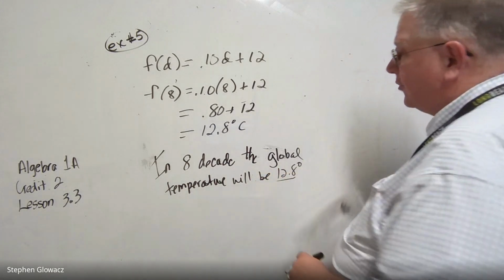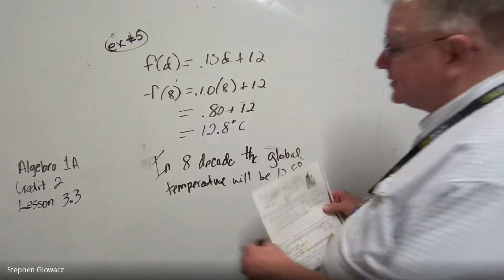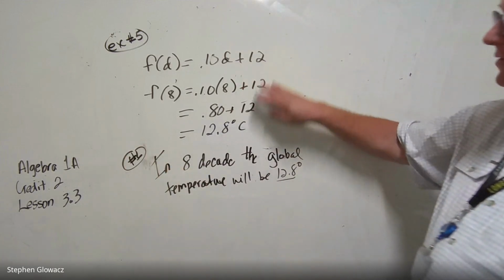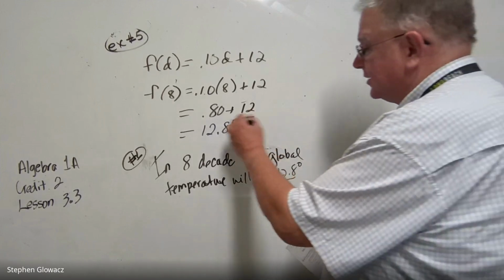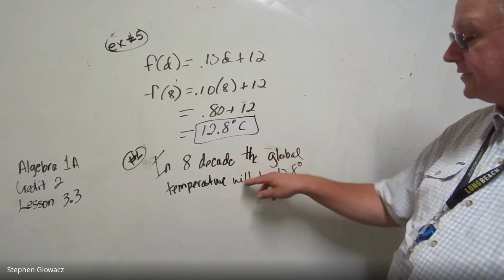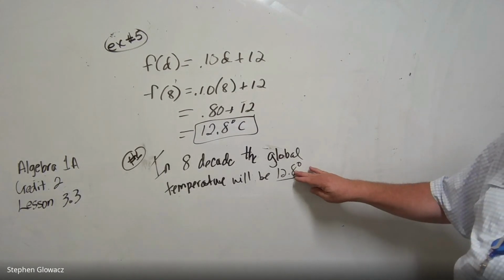So again, interpreting the answer within context. So that's 5. And actually, this is number 6 down here, interpreting it in context. So 5 is solving it, where 6 is interpreting the answer in context. On number 6, they actually write most of this out for you. You just have to take your answer from number 5 and write it in the blank.